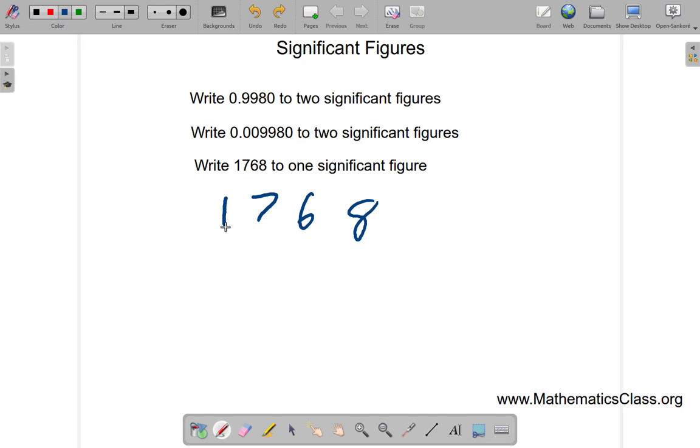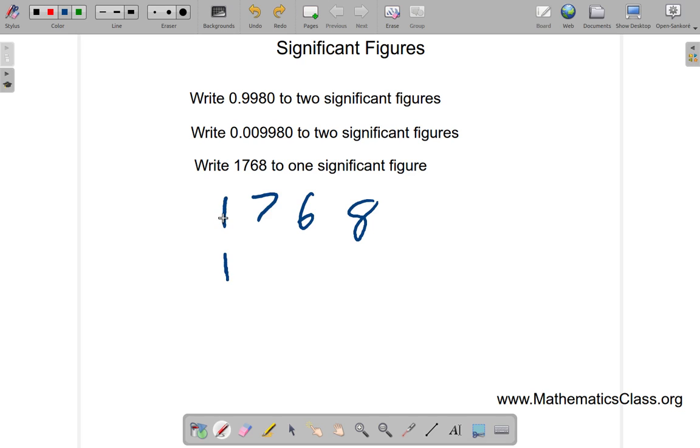This one here is the first significant figure. We're not going to be using the 7, 6 and 8. To 1 significant figure, what do we write here? Do we write 1? We cannot just write a 1.